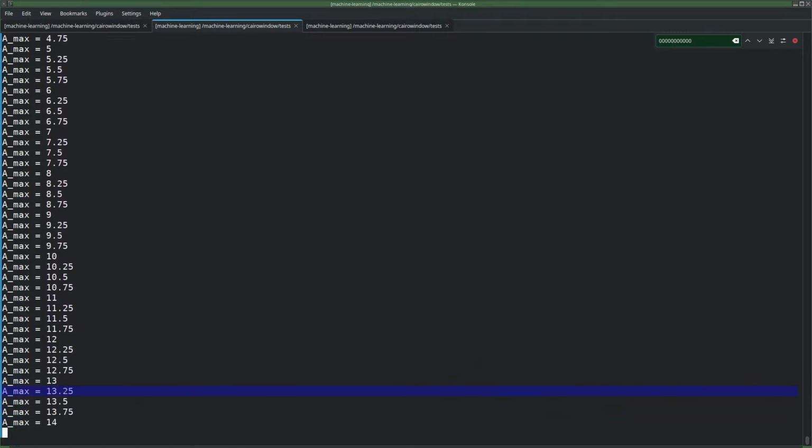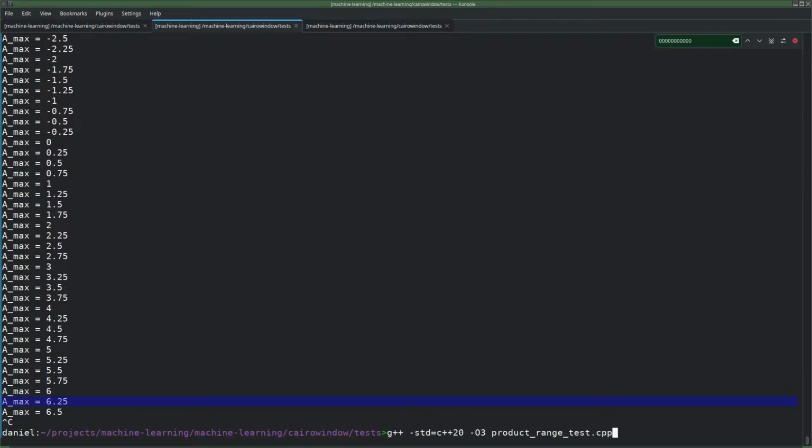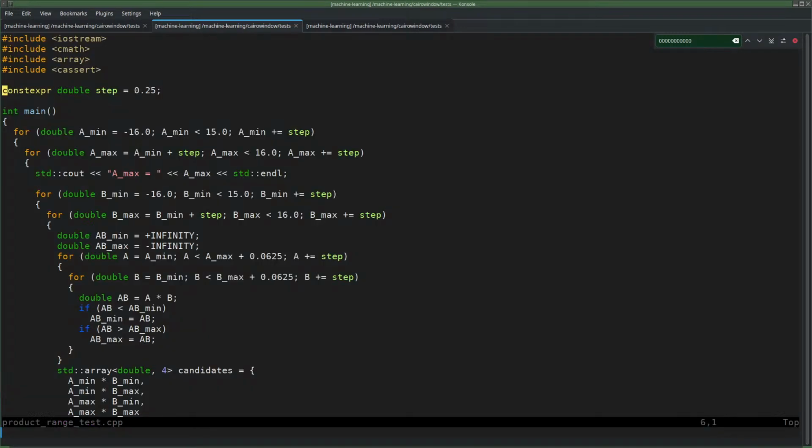How much slower did it now get? I don't know, 64 times slower or something? Could take a few minutes. I already saw enough. Okay, so this holds.